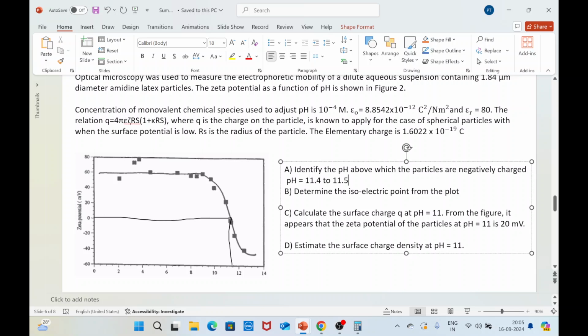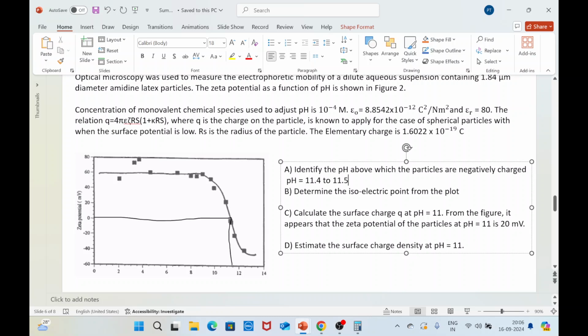At that point the protein gets precipitated out. So this isoelectric point is used for protein purification, and is especially important when the proteins have very close properties.